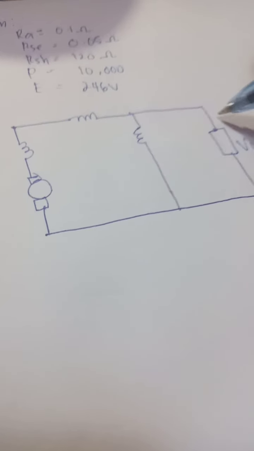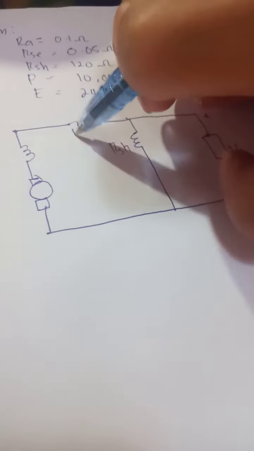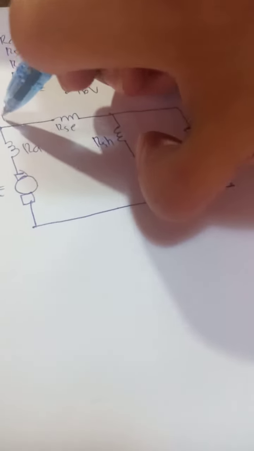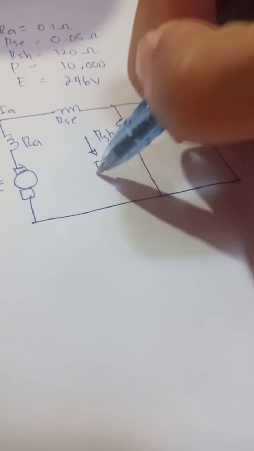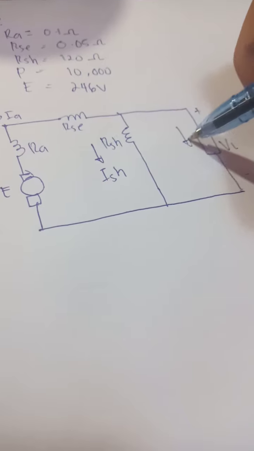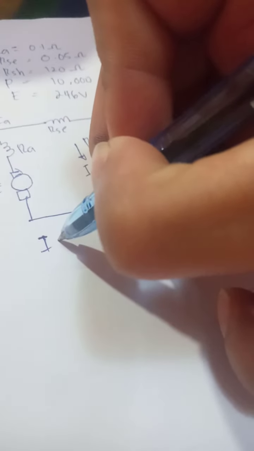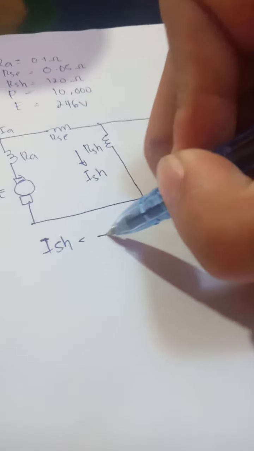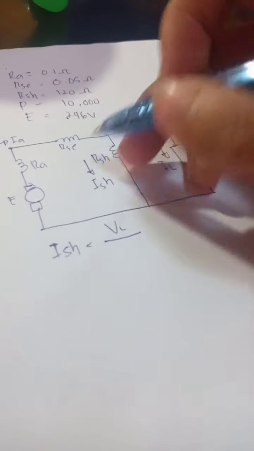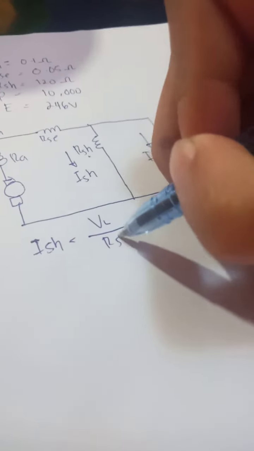This is the voltage load, RSH, RSE, RA. Then IA flows here, ISH here, IL is here. Now we have ISH equal to VL over RSH.